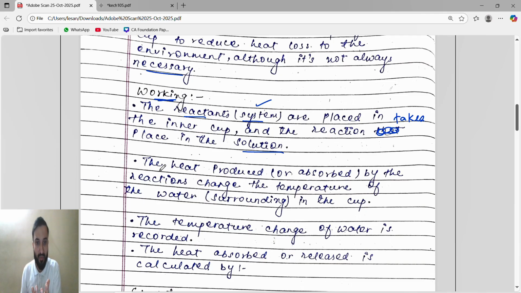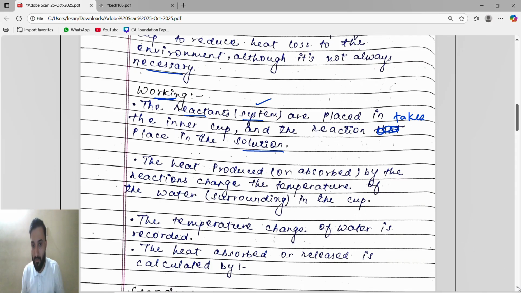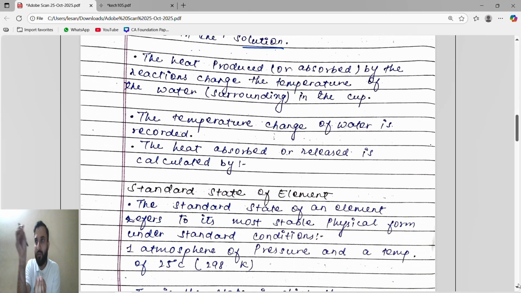So what will happen then? As the reaction takes place in the solution, it will either produce heat or absorb heat. The heat produced or absorbed by the reaction changes the temperature of the water. Water means the surrounding in the cup. Two things will happen, either exothermic or endothermic.